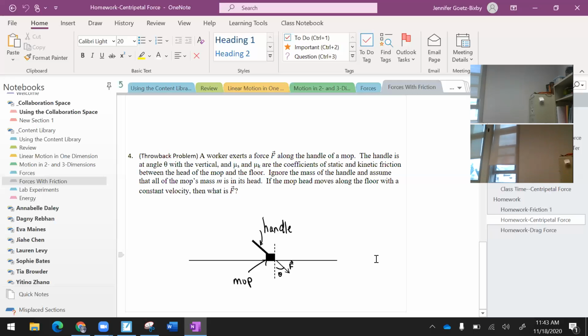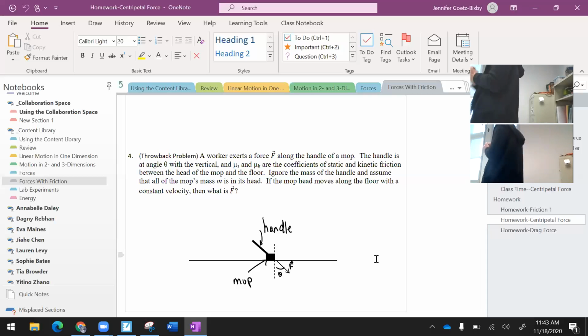I think the thing to take away from the drag force is that terminal velocity exists and how we get there. The drag force increases as the velocity increases, but eventually it hits an equilibrium point and then it can't accelerate anymore unless something changes.